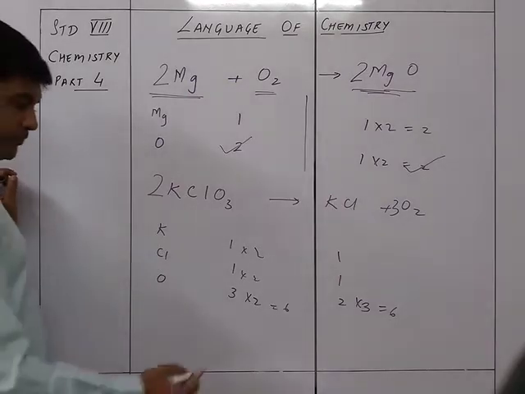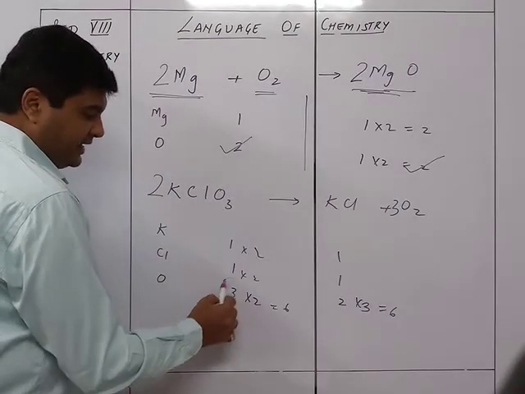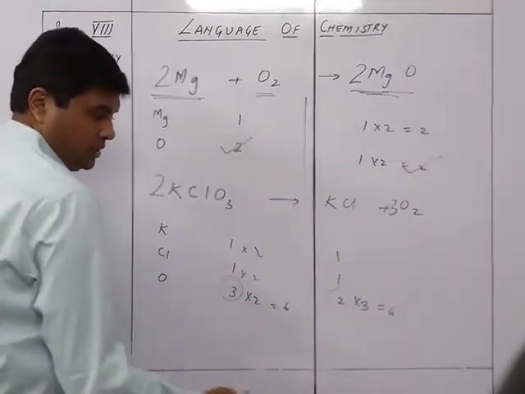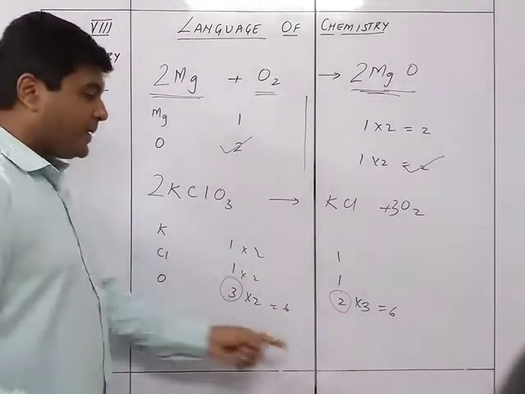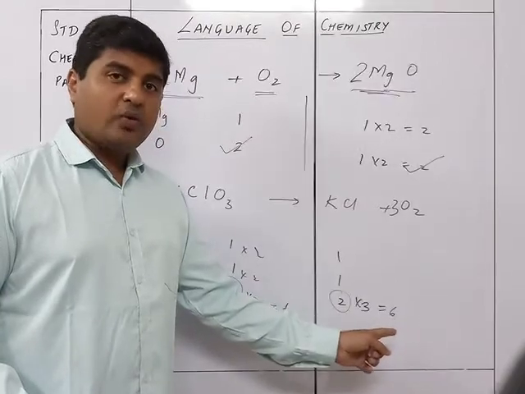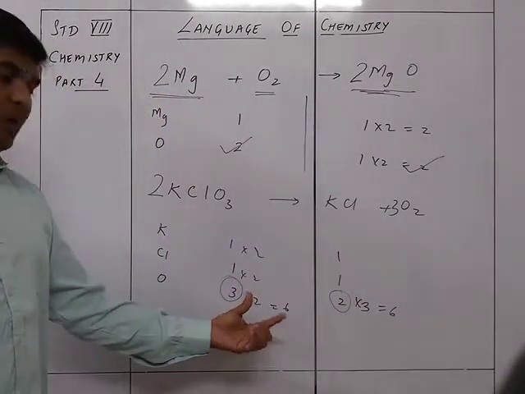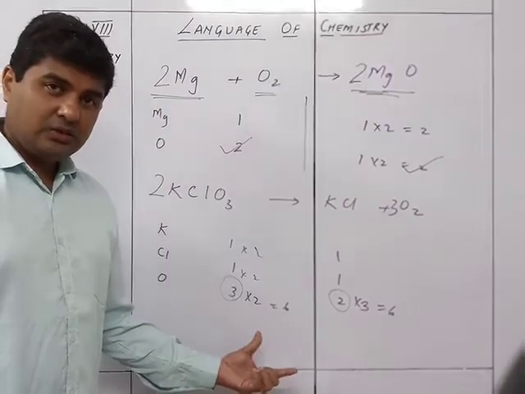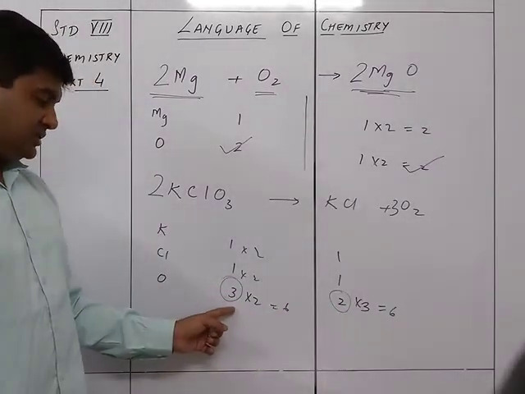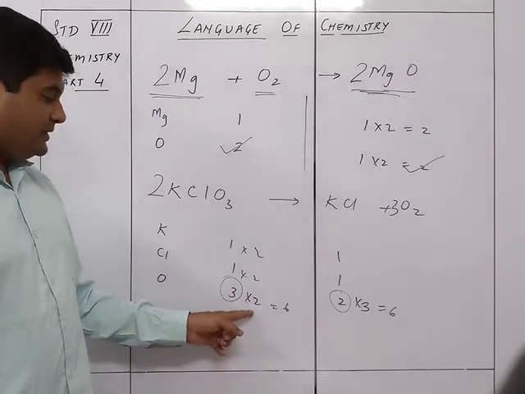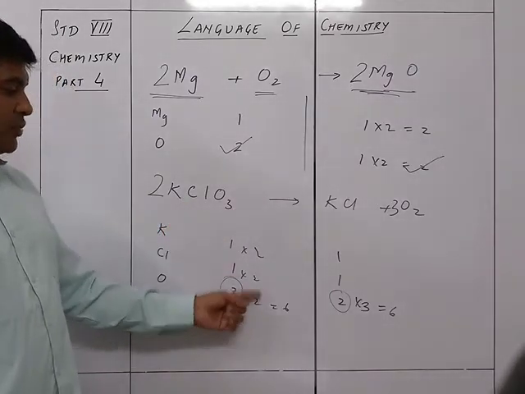I'll come again. This is 3, this is 2. I cannot convert this 2 into 3 directly by multiplying anything. So I'll take the LCM of 3 and 2. What is the LCM of 3 and 2? 6. To make this 6, I'll have to multiply it by 3, and to make this 6, multiply by 2. But this is connected, so it has to be multiplied by 2 throughout.